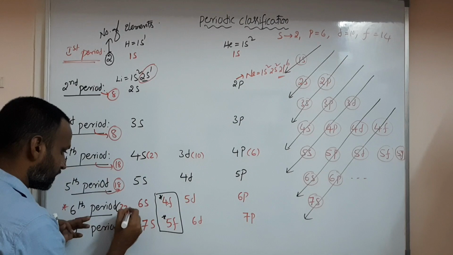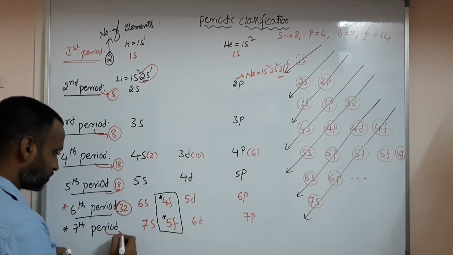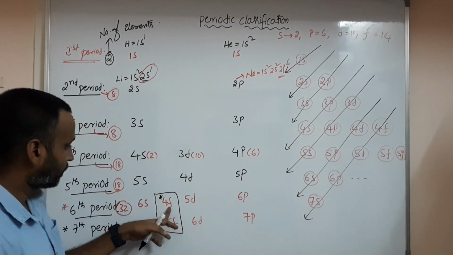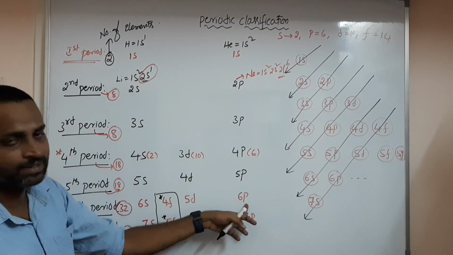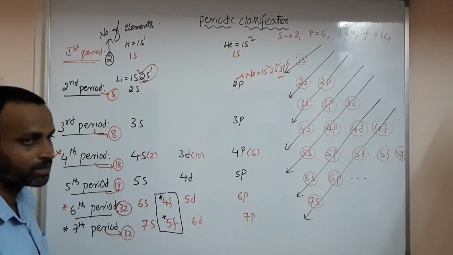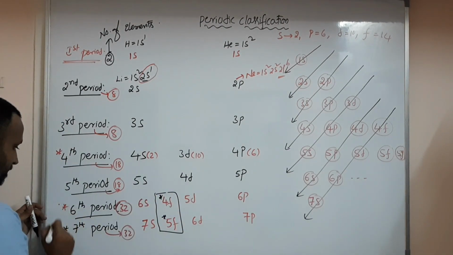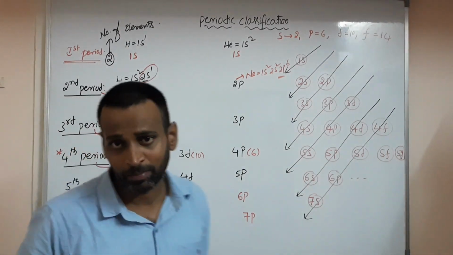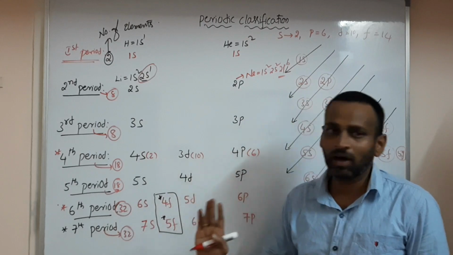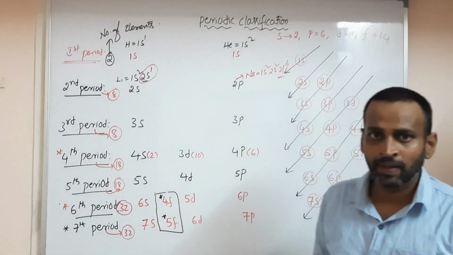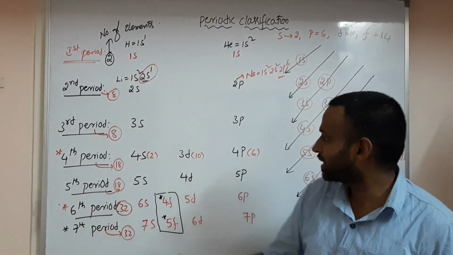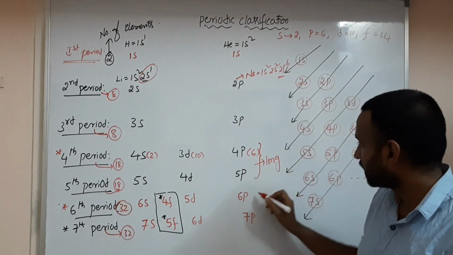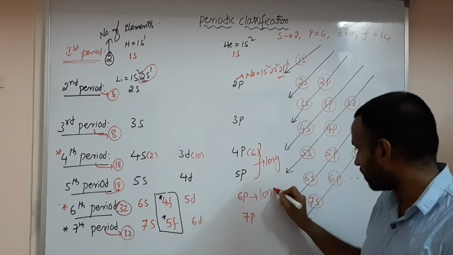Here also there can be 32 elements by S2, F14, D10 and P6: 6 plus 10 plus 14 plus 2, like that. So the longest period means 6th. The 7th you will have incomplete. The 7th period we call an incomplete period. 4th and 5th periods are long periods. This 6th period is the longest period.